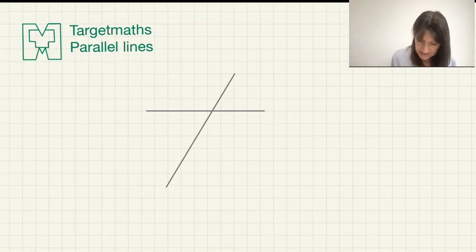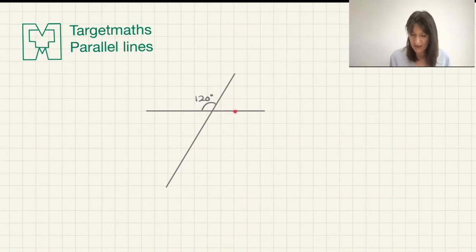So if I said that this angle was 120 degrees, just for argument's sake, I already have some basic angle skills. That means I could work out that one. Angles on a straight line add up to 180. So if that's 120, that one must be 60 degrees.